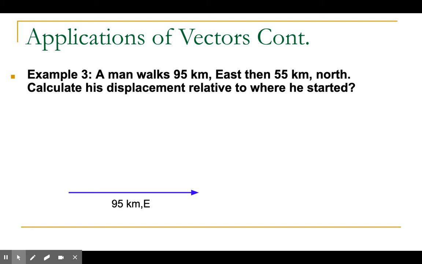If from that location he walks 55 kilometers north, how would we draw the second vector relative to the first? Considering the tail to tip rule, we would draw the tail of the second vector right in front of the tip of the first. So we're going to draw our vector in the north direction, tail to tip with our first vector, and label it.